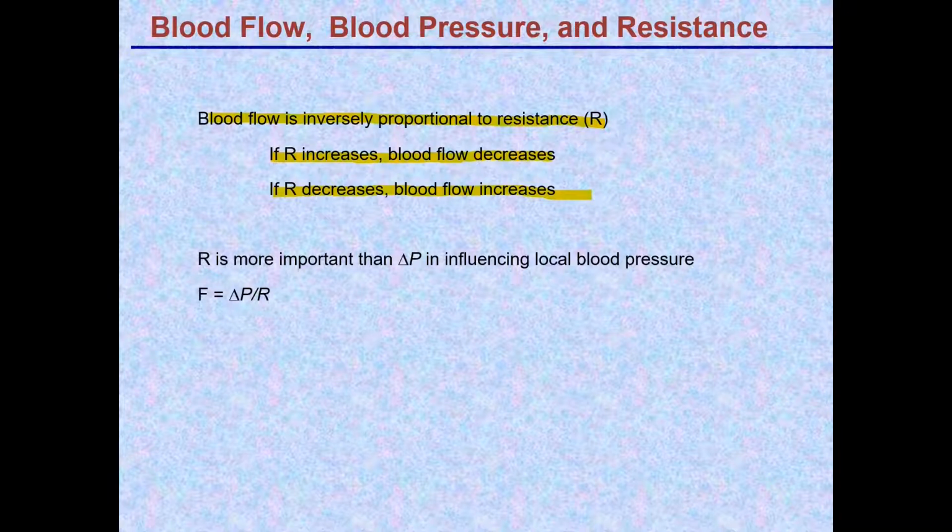So flow, or F, is equal to delta P over R, where flow is directly proportional to the pressure gradient and inversely proportional to resistance. And of course, resistance is mostly determined by the radius.